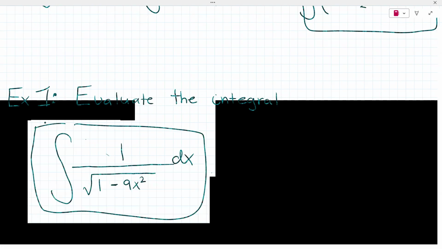So we have the integral of 1 over the square root of 1 minus 9x squared. We have a 1 on the top, so we don't have to factor out a constant. Sometimes you won't have a 1, and you might have to factor out a constant.